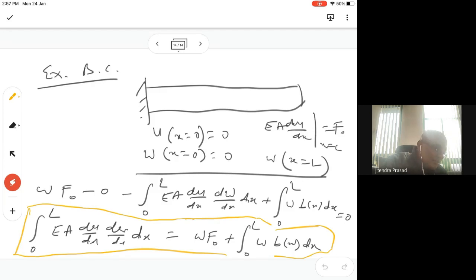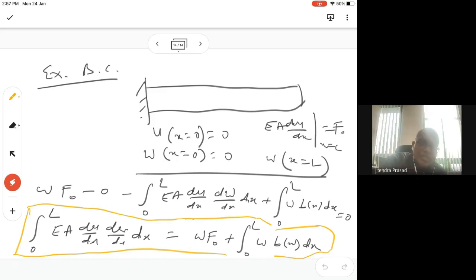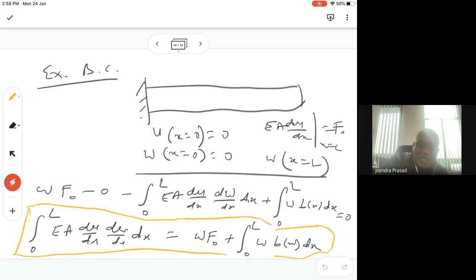Any question, guys? Sir, you have mentioned two things here: weak form and weak formulation. Are those different things? Both are the same. Previously, the differentiability requirement was second order. The original differential equation, without integration, is the strong form, also called the strong formulation.